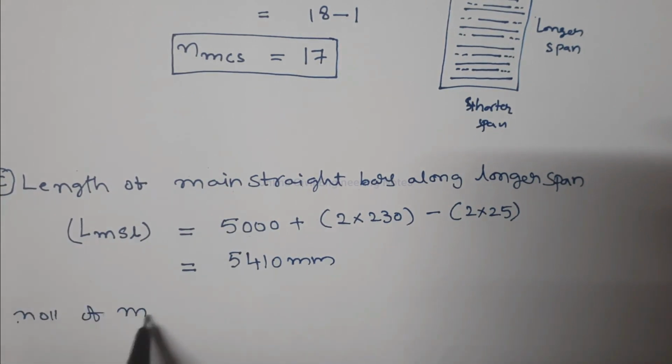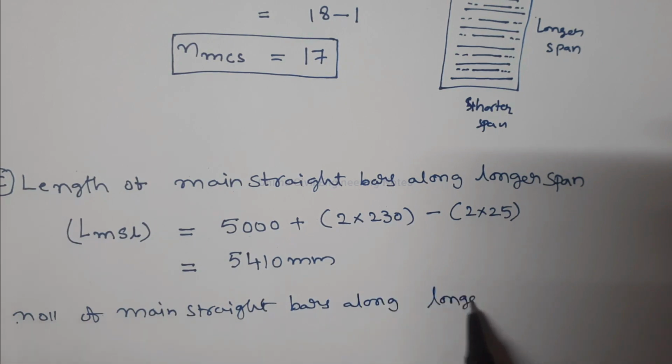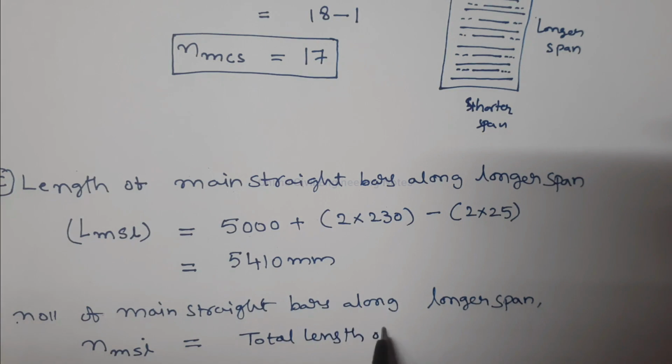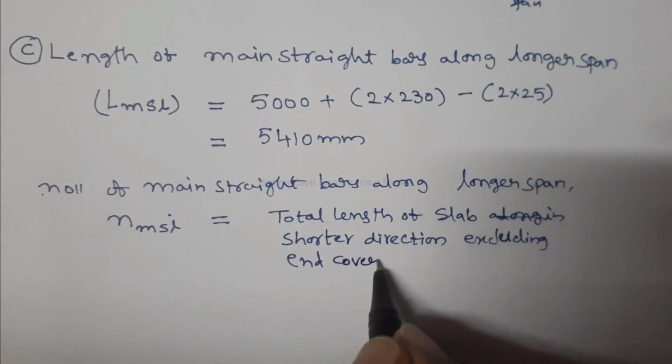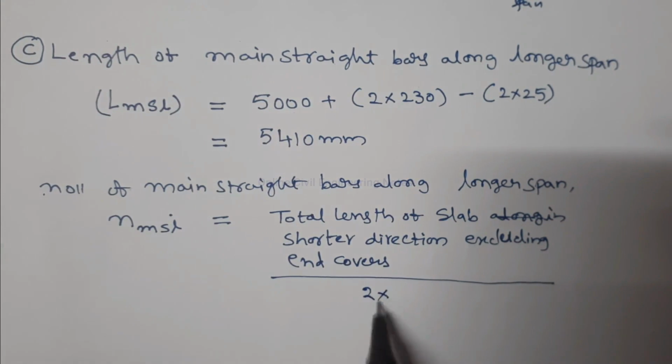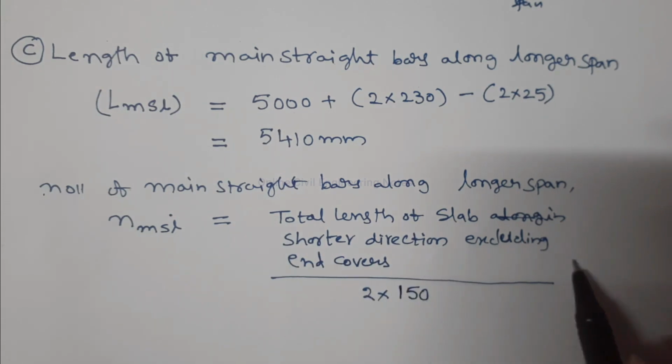Number of main straight bars along longer span is equal to total length of slab in shorter direction excluding end covers divided by spacing of these main straight bars in longer direction, which is 150 mm, plus 1.